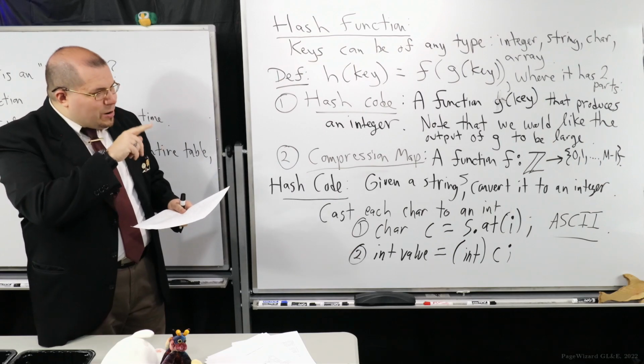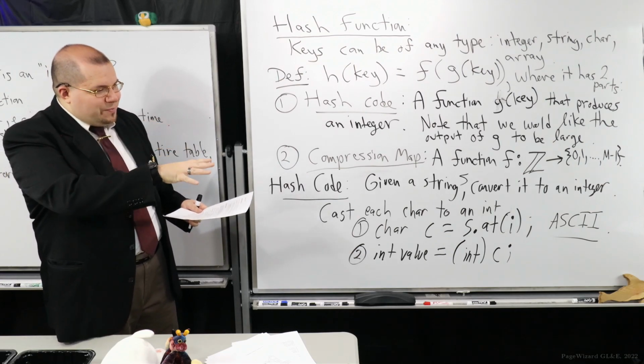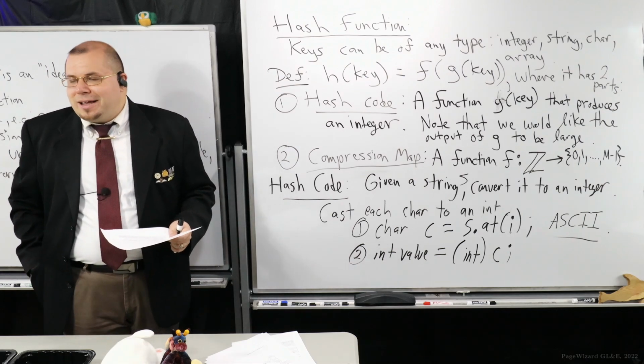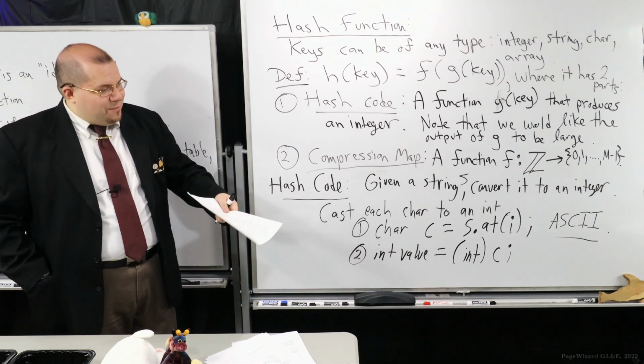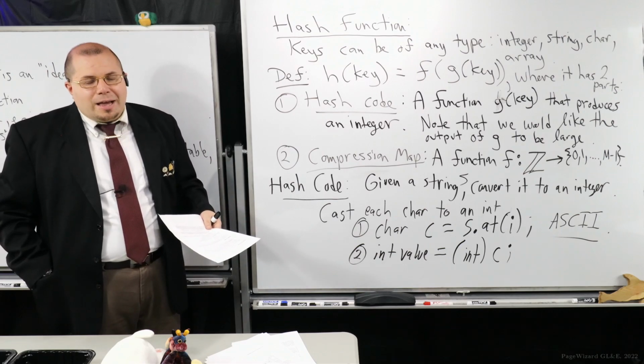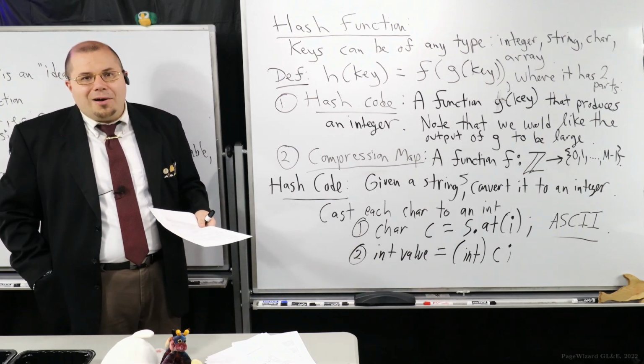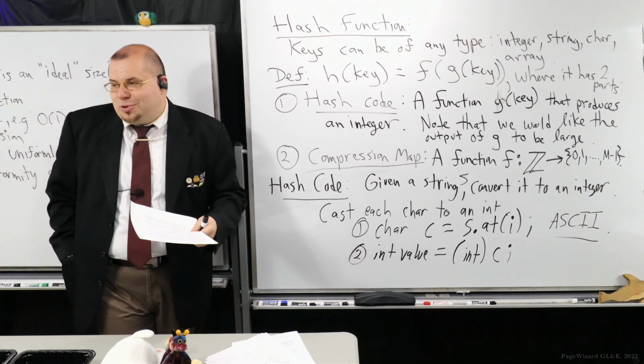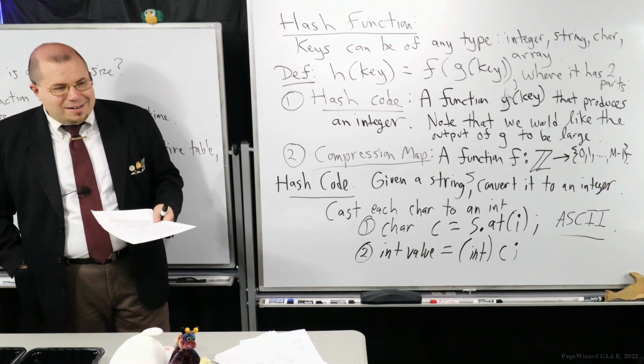So I thought probably a good idea now that we have this idea of how we can get a string, we can get values from the string, we start talking about how we can design a hash code. Now, I'm not claiming these to be perfect in any way, that they don't give you collisions. They most certainly can.